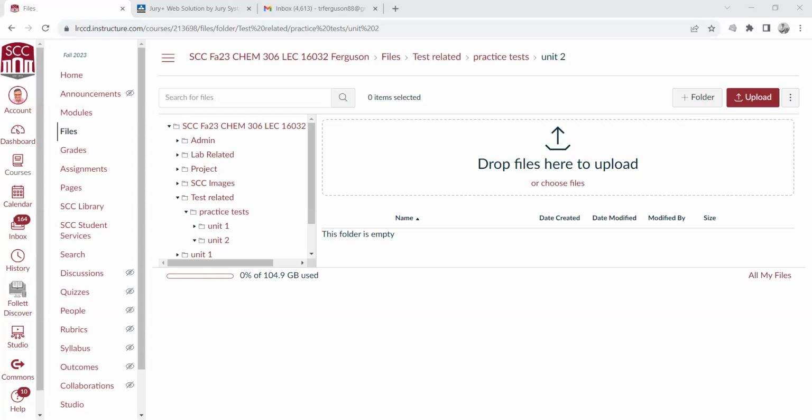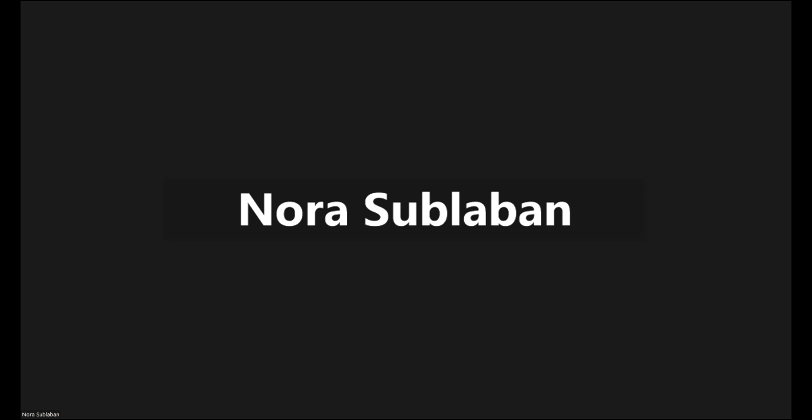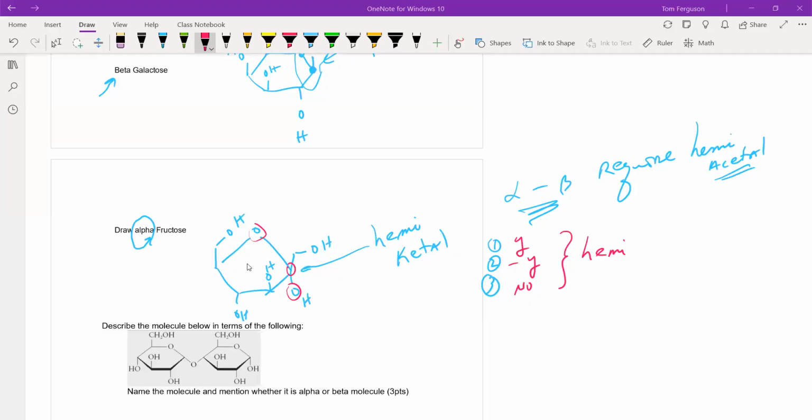Professor, I don't think it's showing your screen. Like the drawing or something. You can't see this? No, you're only showing Canvas right now. Okay, let me try it again. Can you see it now? Yeah, I could see it. Okay.